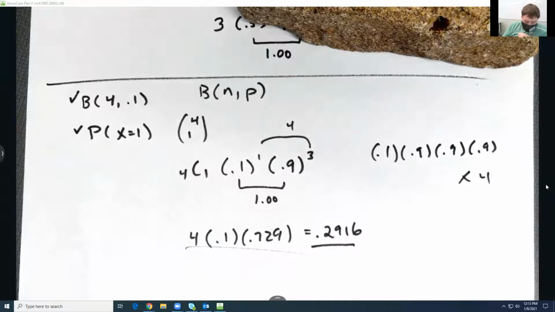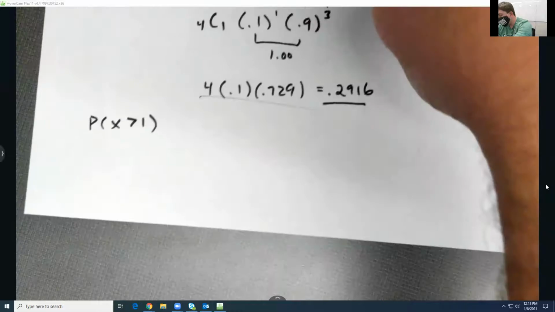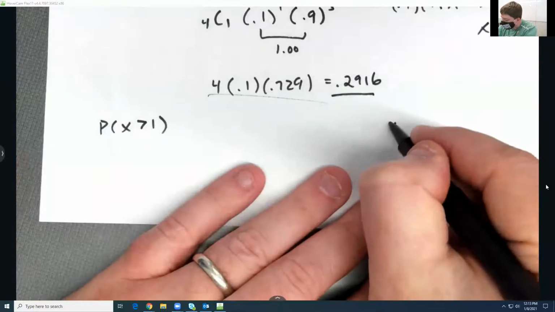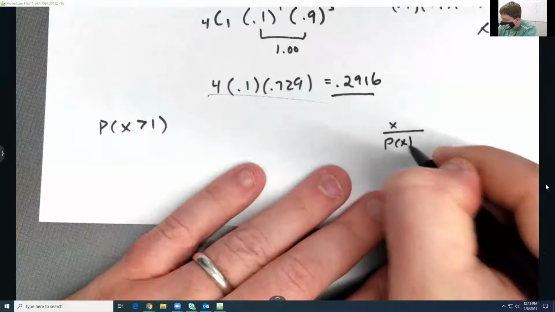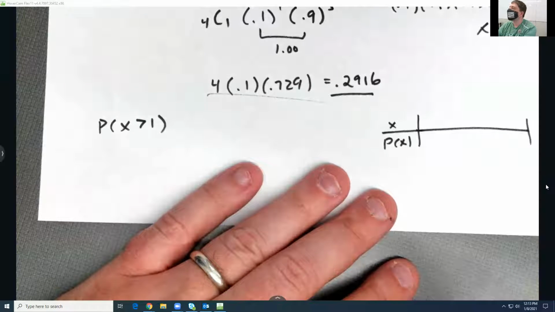Yeah, you bet. Okay, so for the next one, the probability is asking for more than 1 defective. So in reality, we're asking for that. What is the probability that more than 1 is broken? Well, if you remember that we are dealing with a discrete distribution, we have this table. What are all of the possible outcomes as far as these things breaking?